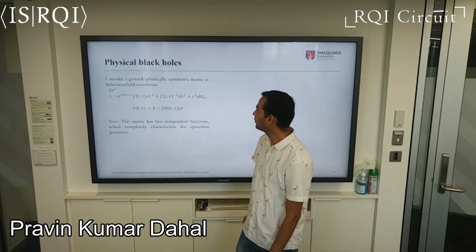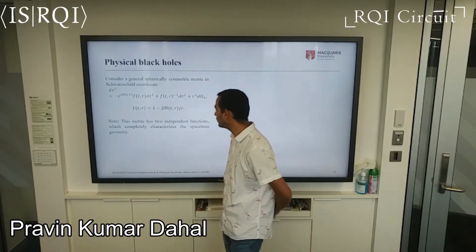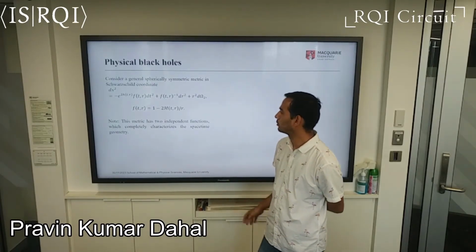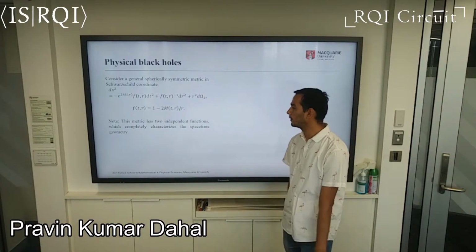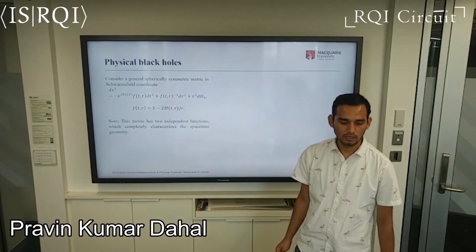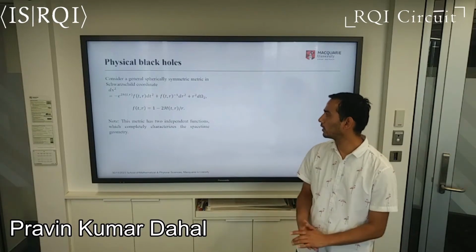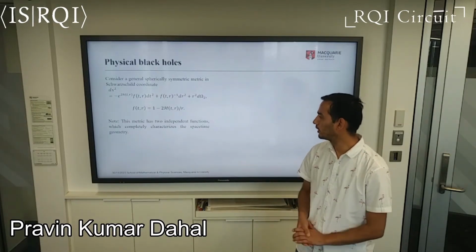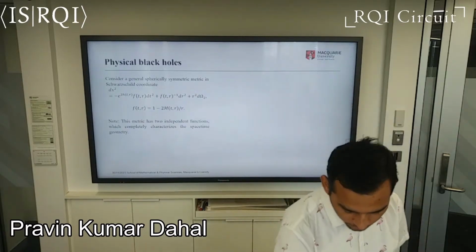If you look carefully at this metric, it has two arbitrary functions. Constraining these two independent functions is sufficient to constrain the metric in spherically symmetric settings, and these two functions completely characterize the spacetime geometry.